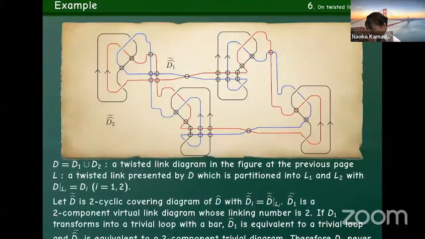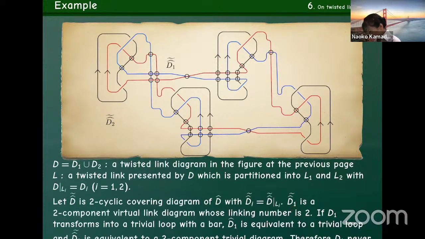In the same situation as I described before, we take the two-cyclic covering of D hat. Then D1 hat tilde is a sublink diagram of the two-cyclic covering of the double covering of D, which is this L1.